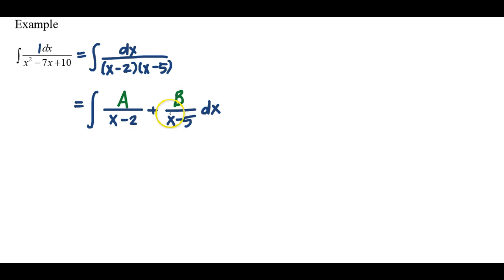So the whole goal here is we're going to try to find a and b. Now, that's going to require a bit of scratch work, and I'm going to do it off to the side. So let me just go ahead and draw this line here to indicate that this is going to be scratch work.